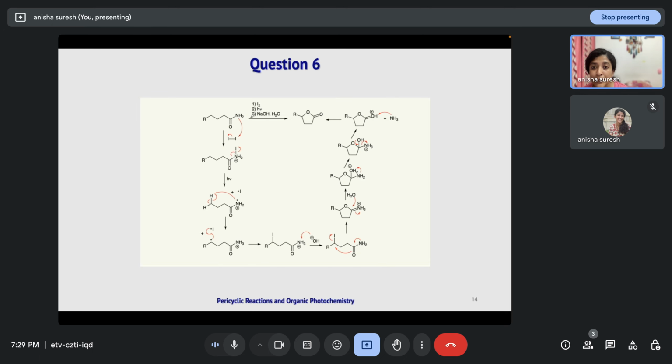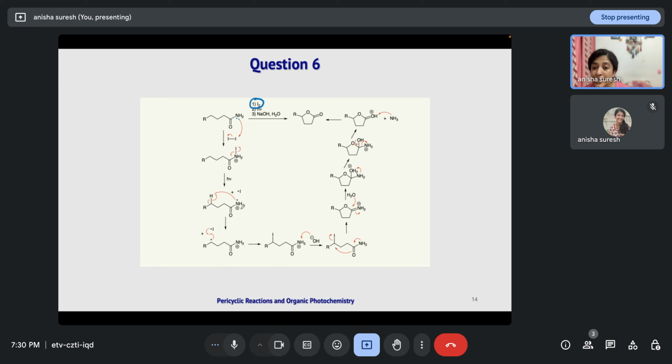So what is happening? So under I2, this amide nitrogen can react with iodine, leading to formation of this iodo compound. Okay, now under photochemical condition, this will homolytically cleave, leading to formation of NH2 plus radical and iodine radical.